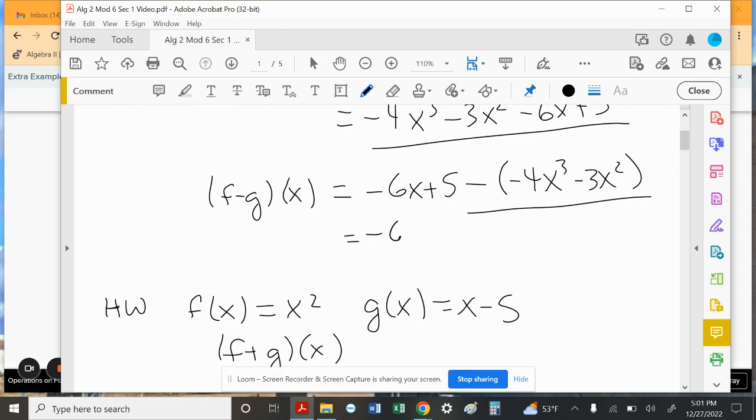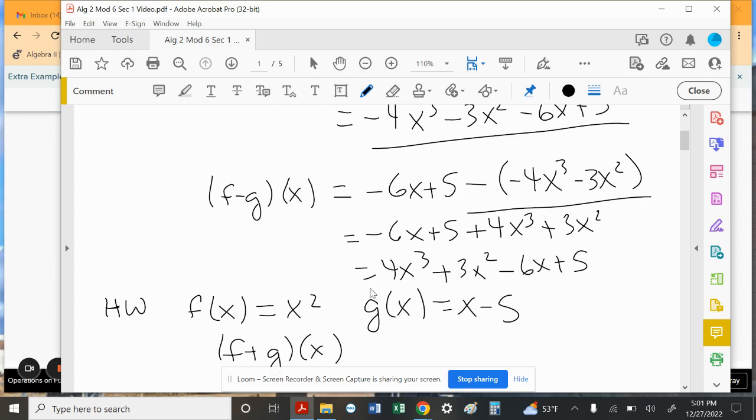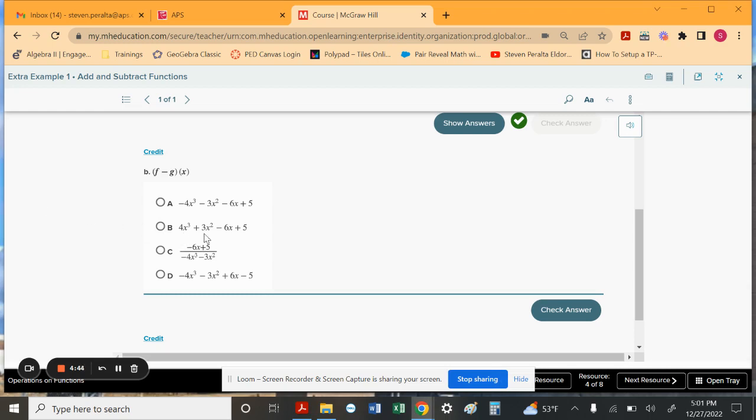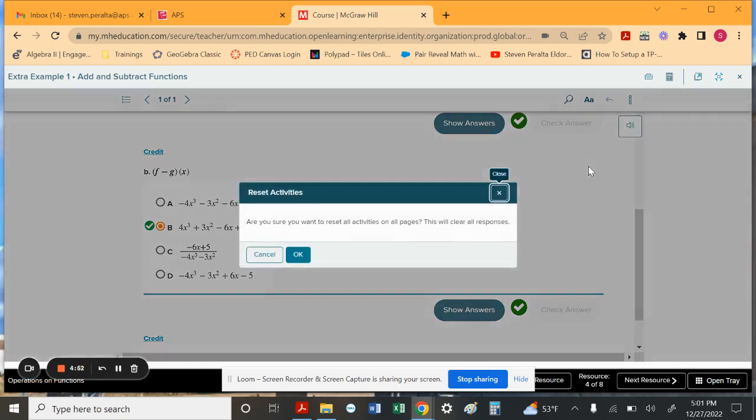So I have negative 6x plus 5 plus 4x cubed plus 3x squared. Put them in order: 4x cubed plus 3x squared minus 6x plus 5. So notice plus, plus, minus, plus. It looks like B is the right one. We check our answer, and we got that one right. So we're good there. Let's move on to the next one.